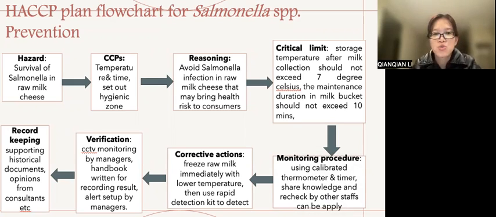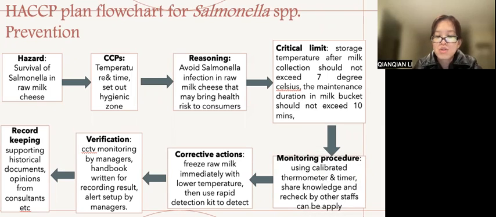This includes the hazard, which is what may put the situation in danger, and the CCP, the critical control point, which is what we need to do to mitigate or eliminate the hazard.